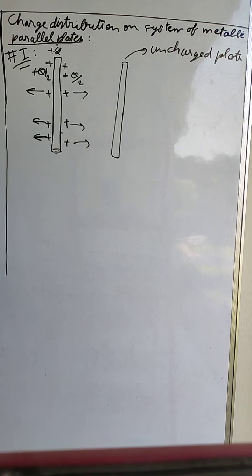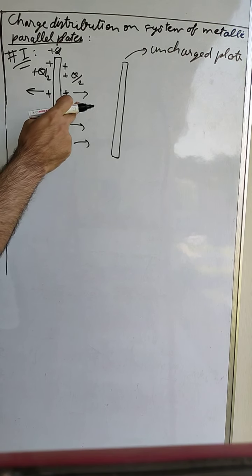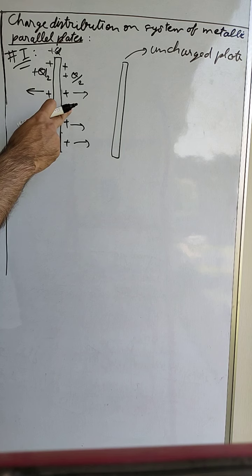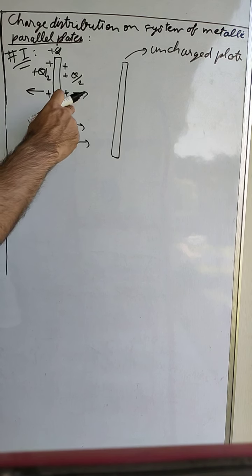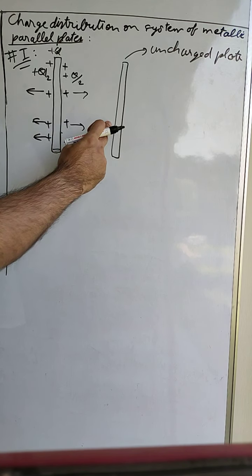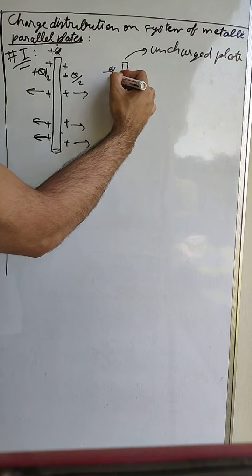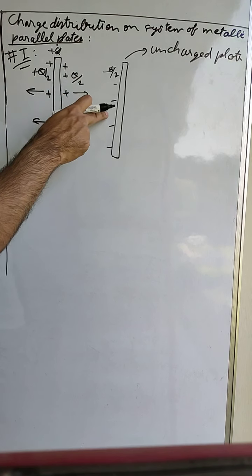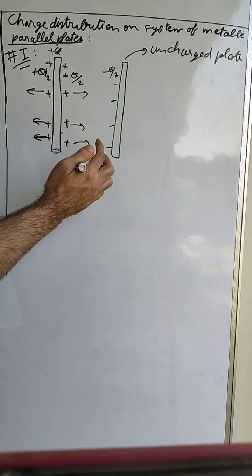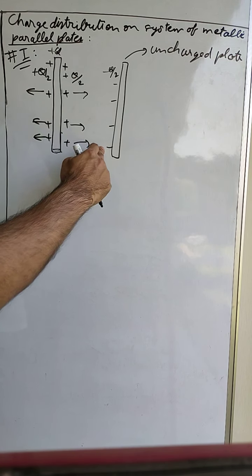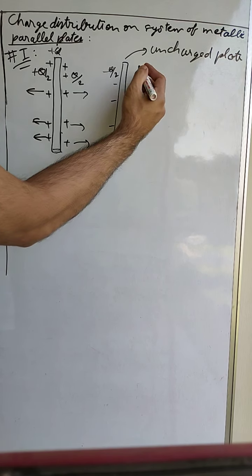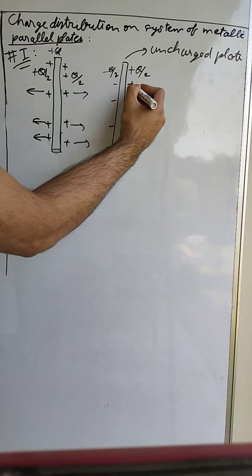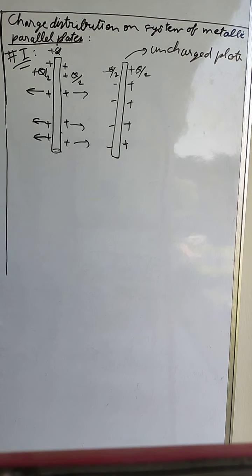Now what will happen is that this plus q by 2 charge will induce an equal and opposite charge on this surface. This we have studied already in previous videos. So if the charge here is plus q by 2, the charge on this surface will be minus q by 2, and because of this charge, an equal and opposite charge will be induced on the other surface, and we will have plus q by 2 on this surface.